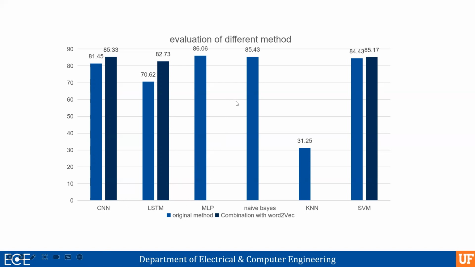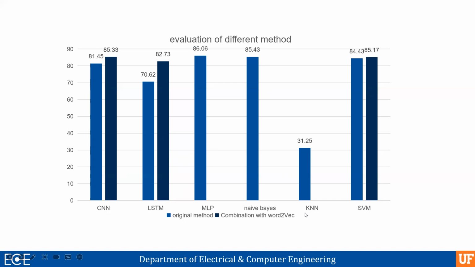Next is the non-deep learning methods. Naive Bayes got 85%, which is very high. Not higher than the combination of CNN and word2vec, but it's already higher than LSTM, which impressed me.